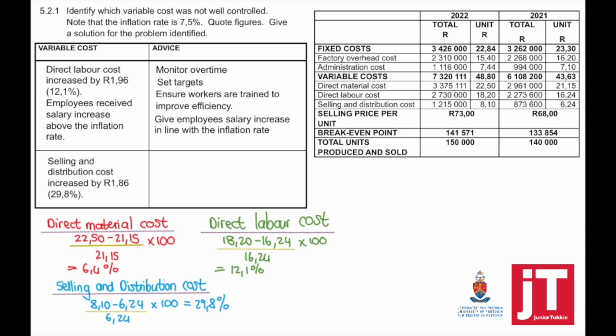If we're looking at the selling and distribution cost, it increased by R1.86, which is 29.8%. Advice: monitor advertising to sales, delivery cost, decrease commission on sales. These are just some advice which you can give. So when you're looking at advice with this specifically, think about what forms part of the selling and distribution cost and how we can manage those expenses.